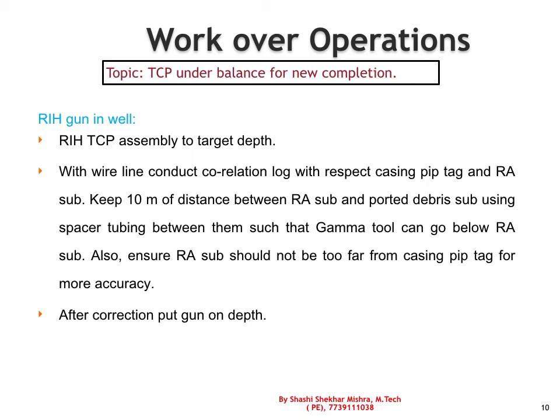We also ensure that the RA sub is not too far away from the casing tip tag, for more accuracy. Then once our correlation log is done, whatever the correction factor coming, we keep the gun on depth based on the correlation log.